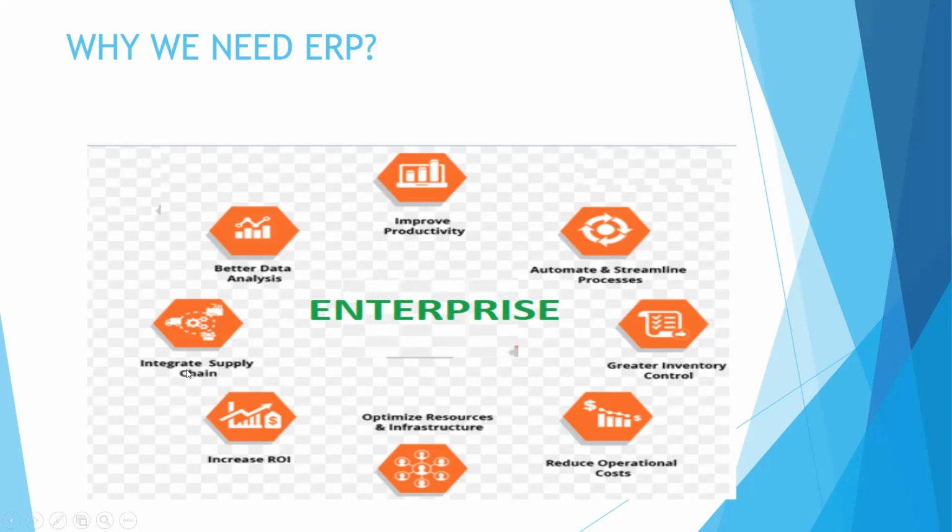Integrated supply chain means you are using one system at one place, and you can take orders from across the globe. For example, take Amazon.com. They sell books and different products from across the globe.